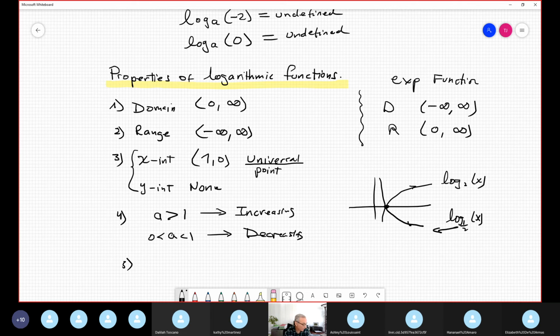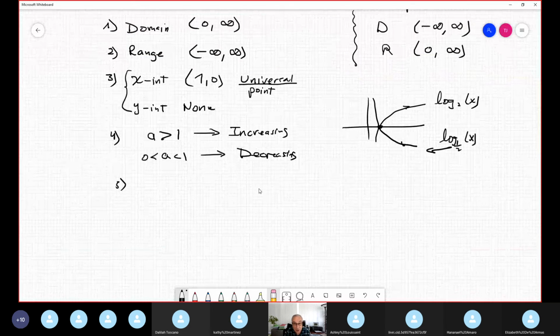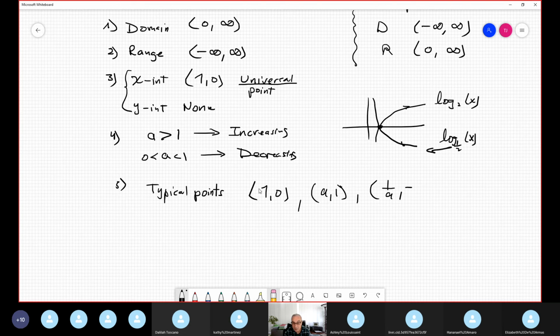Okay, number 5. The typical points to do the graph of the logarithmic function. It's one question in the test: do the graph of an arbitrary logarithm using the typical points. They are (1,0), of course, the universal point. Don't forget this, it's important. The base a, 1, and the reciprocal of the base, 1/a, which is -1. Suppose hypothetically, logarithm base 2 of 1 is 0.